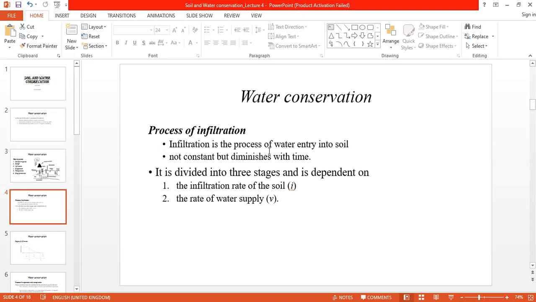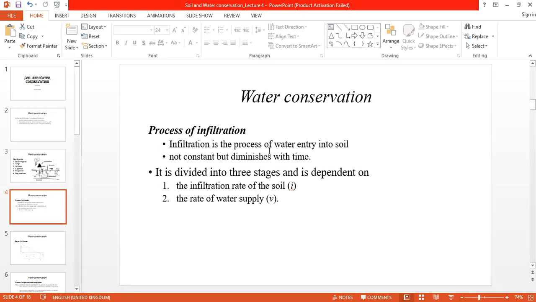Remember, I said the earlier part is high, then it starts to reduce until it will reach a point where it becomes constant. It will no longer reduce, and that point is what we call the hydraulic conductivity. Yes.